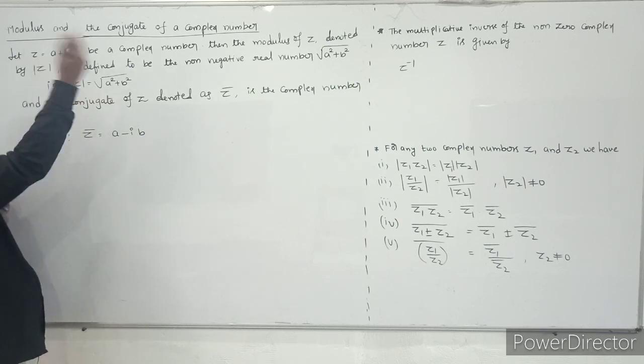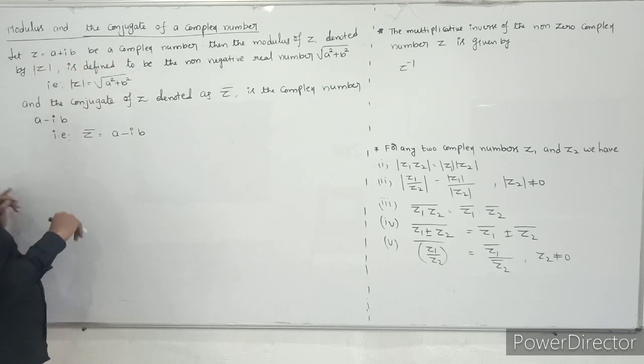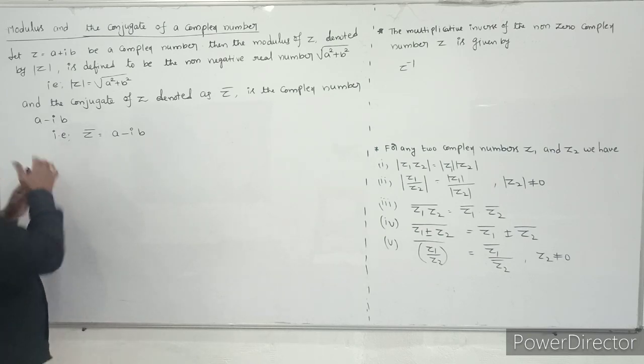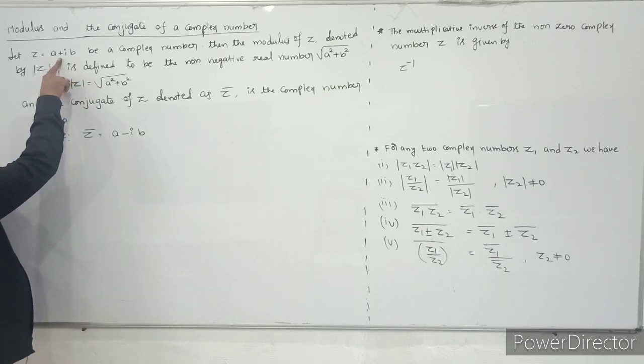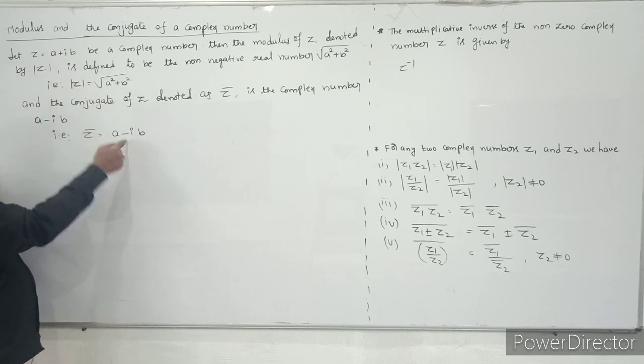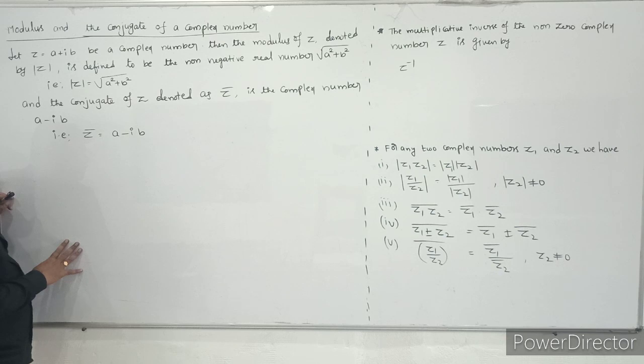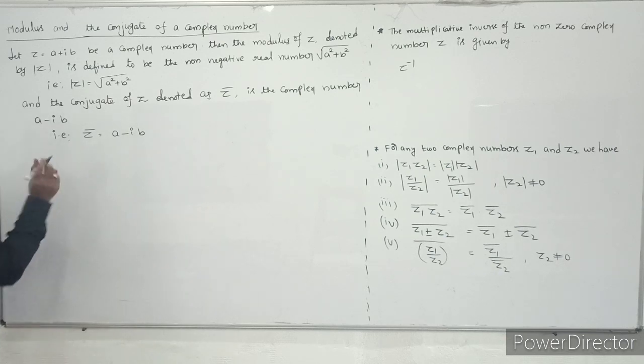If z is equal to a minus ib, then z bar will become a plus ib. So the i coefficient, if it is positive, will become negative, and if it is negative, you will get a positive.